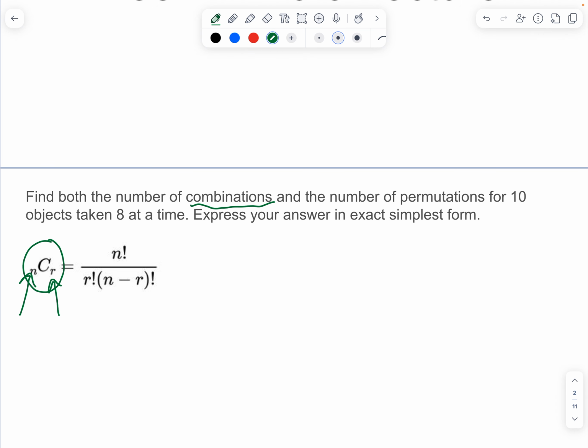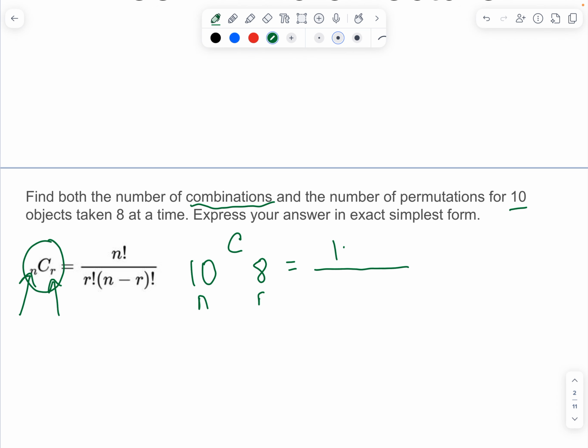So we're going to start with total objects. So we have 10 total objects, and we're going to make a combination, and we're going to take 8 at a time. So this becomes our n, and this becomes our R. So we're going to just pop this into the formula.